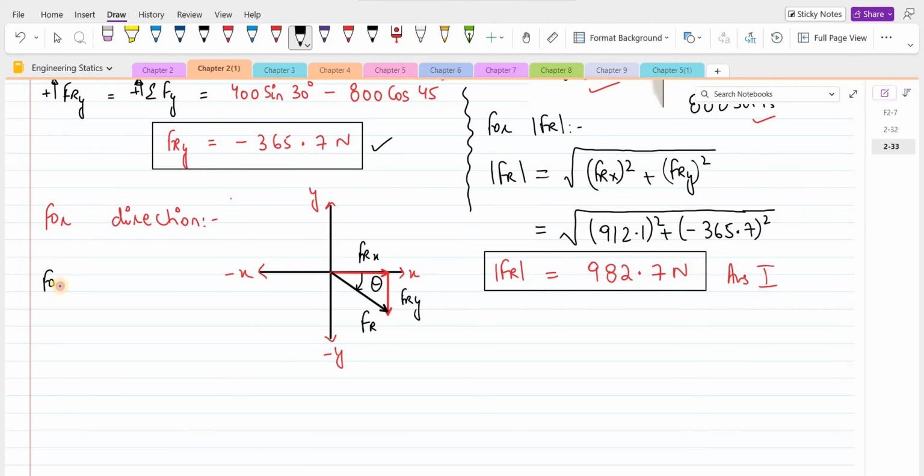For theta, we can use the tan ratio. So tan theta is equal to the magnitude of F_Ry over F_Rx.